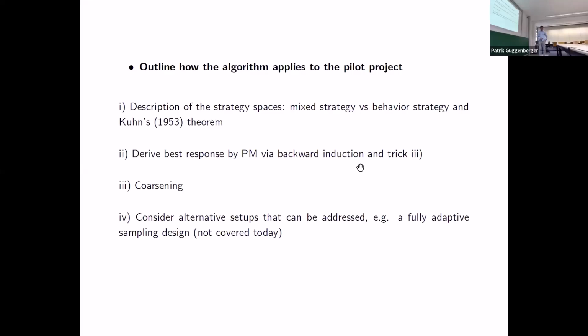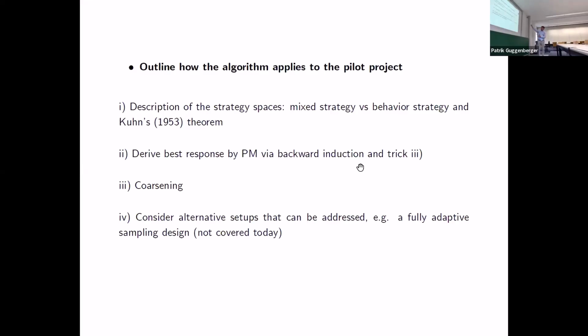For the pilot project, given that the action of the policymaker is twofold, right, and there is a sequential nature of the actions by the policymaker, we have to do a little bit of work. So first, we have to be very careful in defining the strategy spaces.